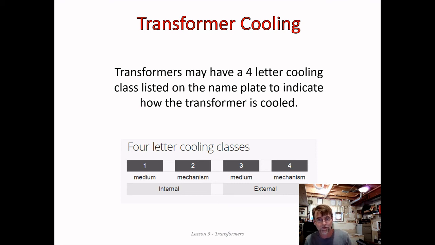And then external to the transformer, what is the medium and what is the mechanism? So again, is it still just air or is it oil? And the mechanism, is it passive? Is it just a radiator fin, or is it active? Is there air being blown across those fins to move the heat? So medium and mechanism, both internally for the first 2 letters and externally for the third and fourth letters.